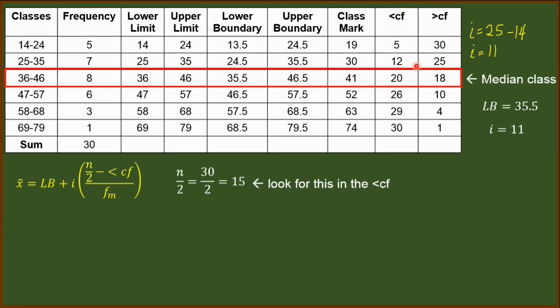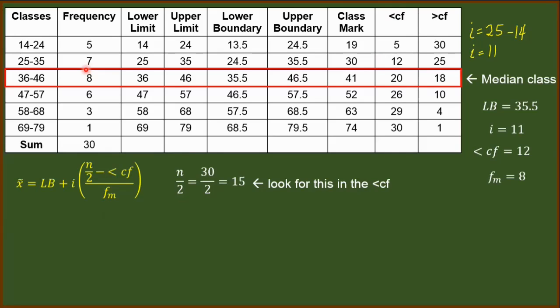So the less than CF is this one, we have 12. Remember, this is always of the class before the median class, okay? And finally, for f sub m, this is just the frequency of the median class. So f sub m here is 8.